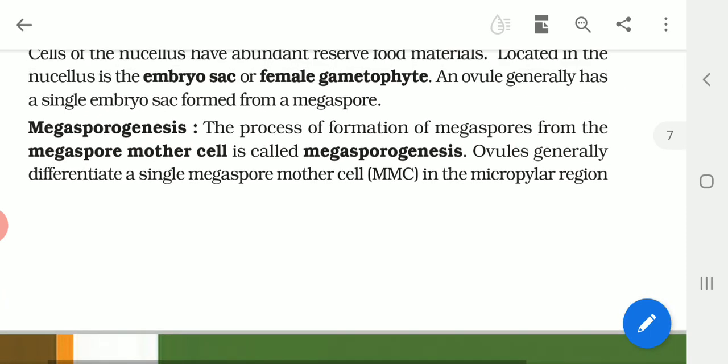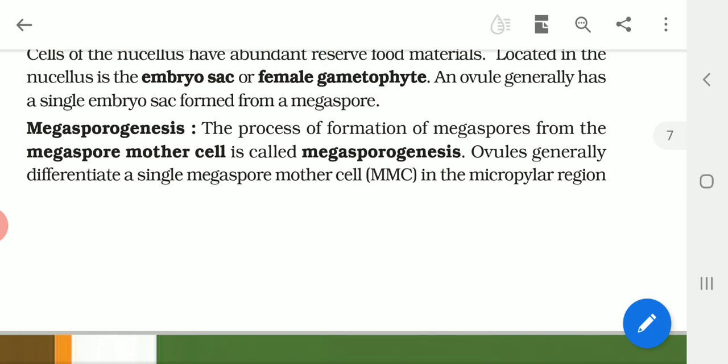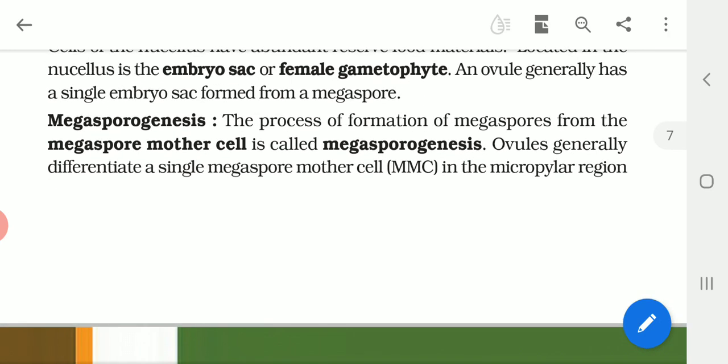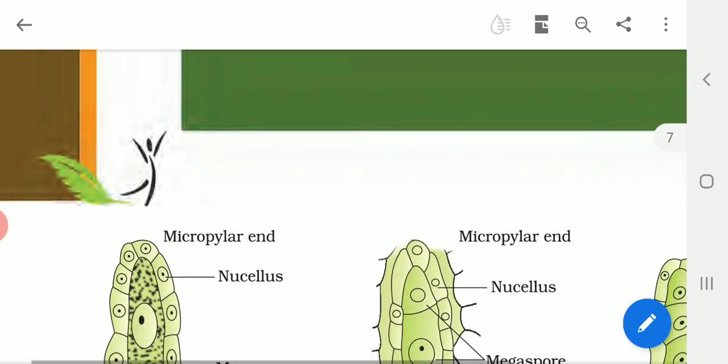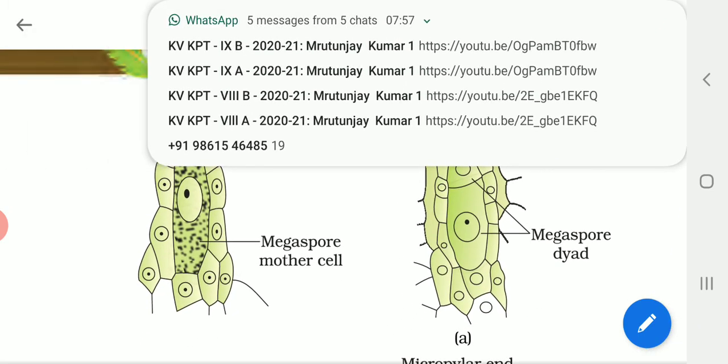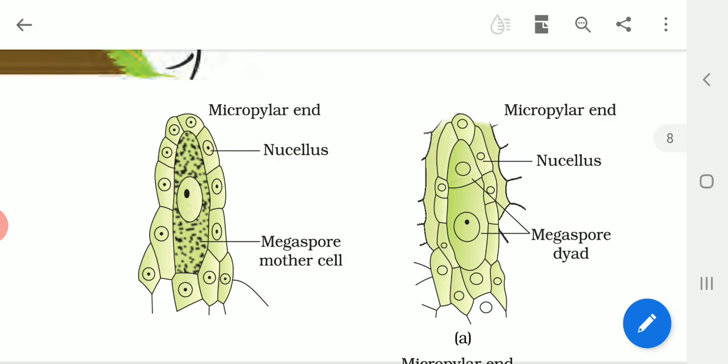Usually from the cells of the nucellus, some cells differentiate into the megaspore mother cell in the micropylar region. You can see in this diagram one of the cells identified as megaspore mother cell.